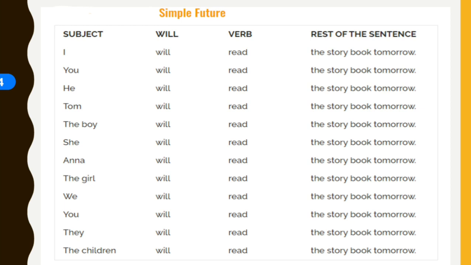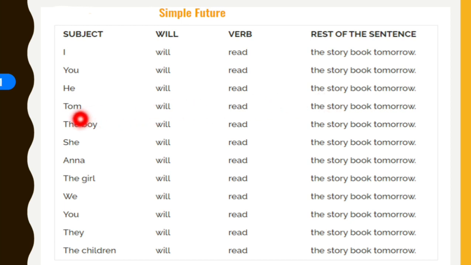Similarly, you will read the story book tomorrow. Again, only the subject has changed, but the change of the subject has not made any change in the rest of the sentence, right? Similarly, he will read the story book tomorrow. If the subject is he, then also the sentence remains the same.